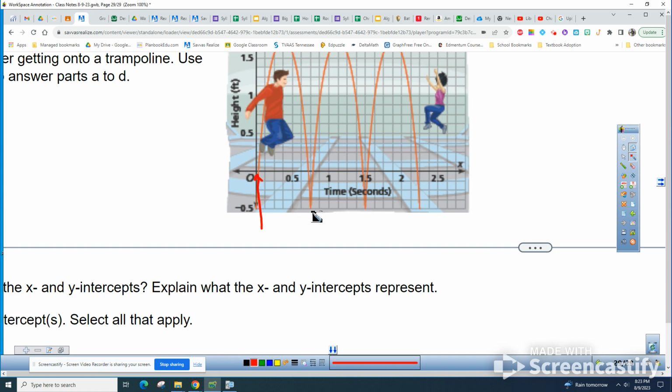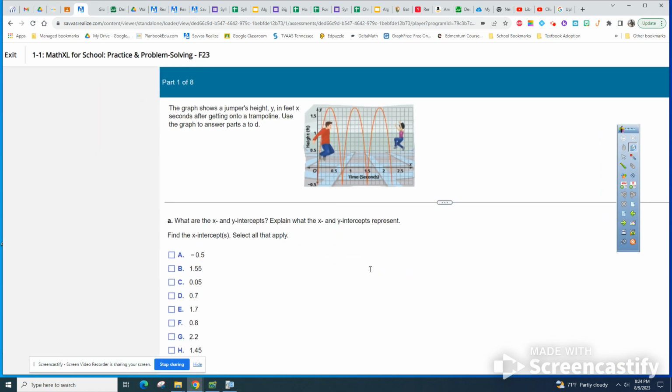There's a y-intercept here, and x-intercept, x-intercept, x-intercept, x-intercept, x-intercept. So that gives us a total of 1, 2, 3, 4, 5, 6. And those are the things it's asking for first, those 6 x-intercepts. Okay. And so that's what we're looking for.